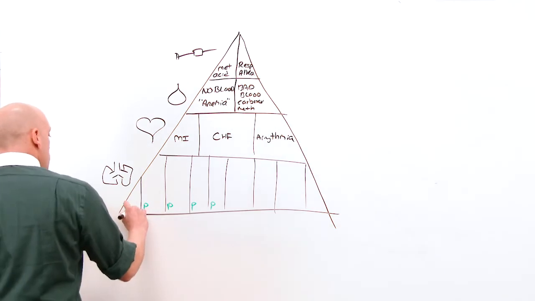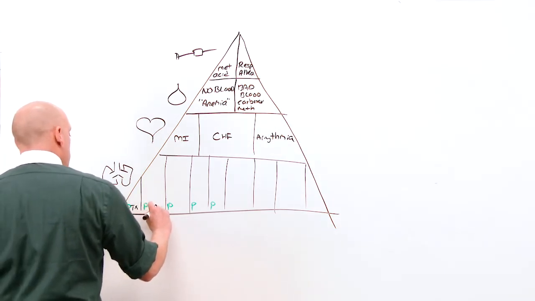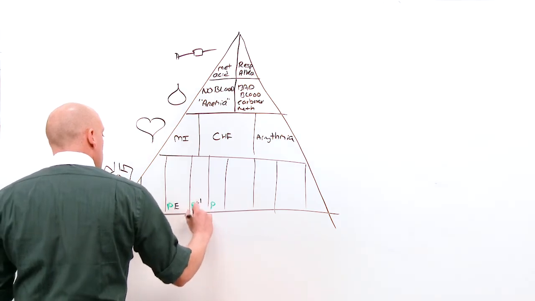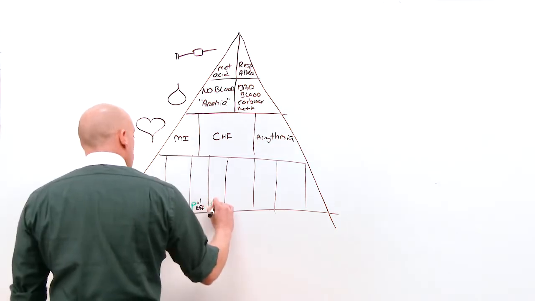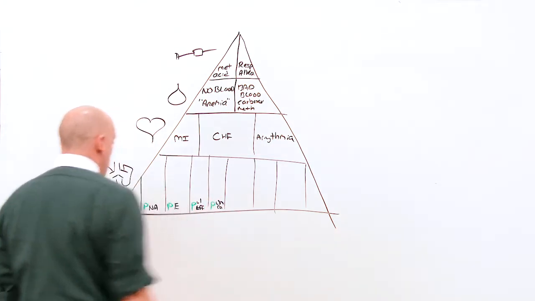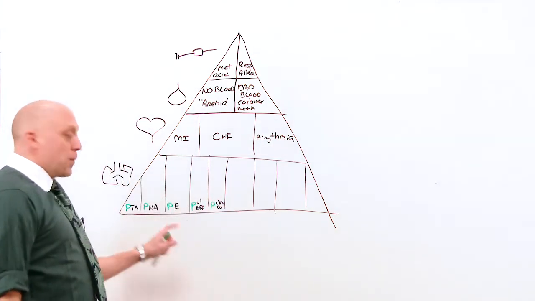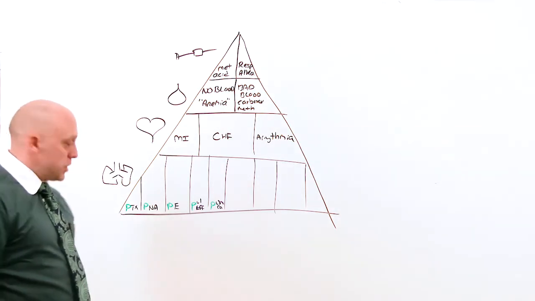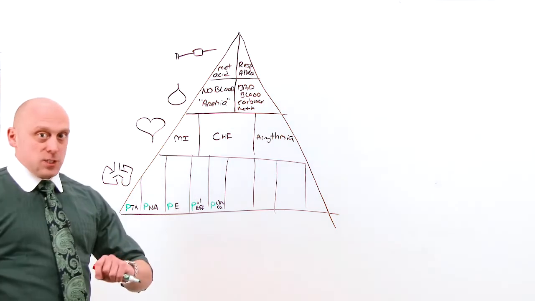And those things are the pneumothorax, the pneumonia, the pulmonary embolism, a pleural effusion, and a pulmonary cancer. These involve the pleura, so can cause a pleuritic chest pain, as well as dyspnea.